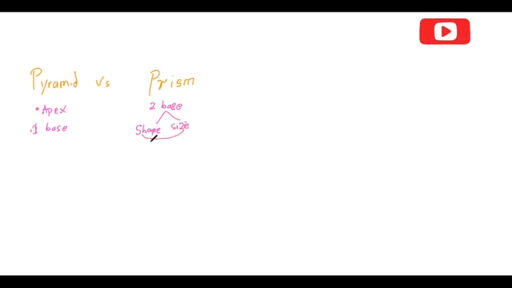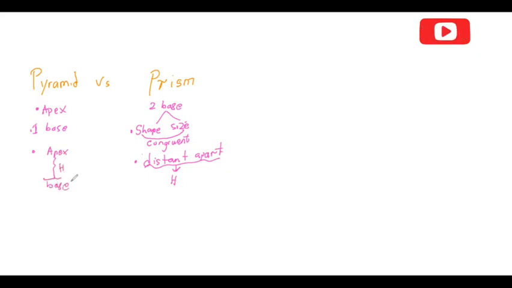In math, this is called congruent, and these bases are a distance apart. The length of that distance is called the height. The height of a pyramid is the distance between the apex and the base.